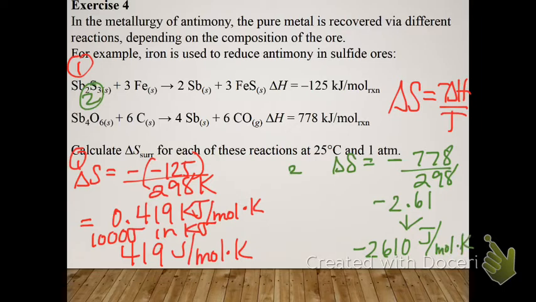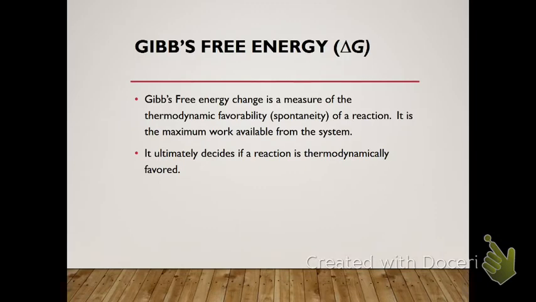All right, that should be easy enough. Let's move on to Gibbs free energy. Gibbs free energy is basically a measure of the thermodynamic favorability. Ultimately, that is what is going to decide if something is thermodynamically favored, taking into account both the enthalpy and the entropy.